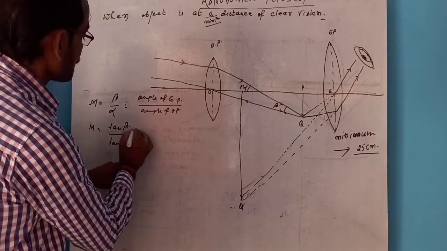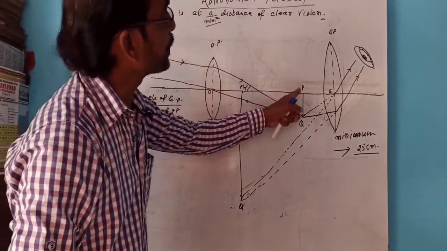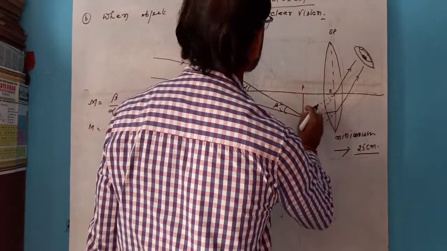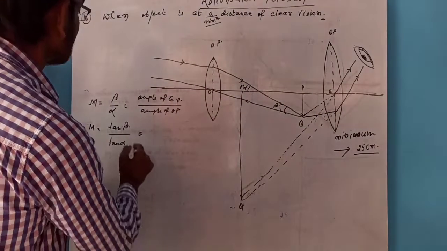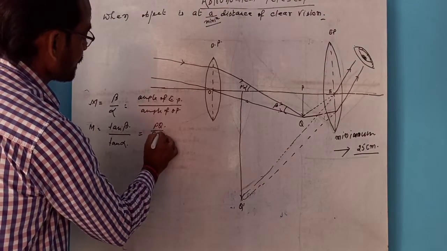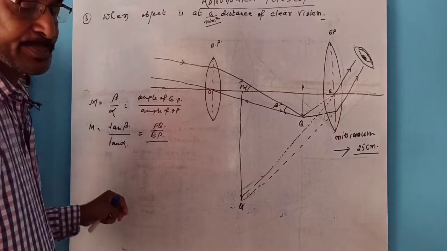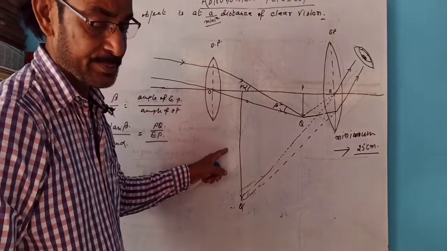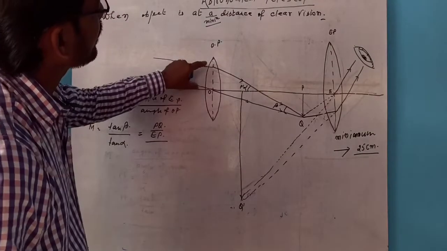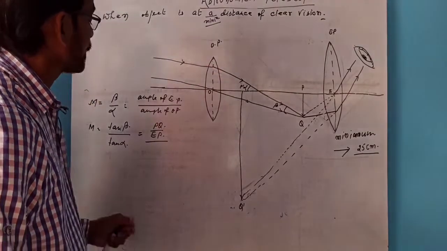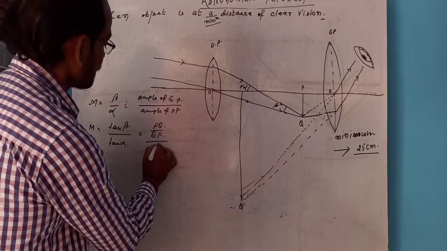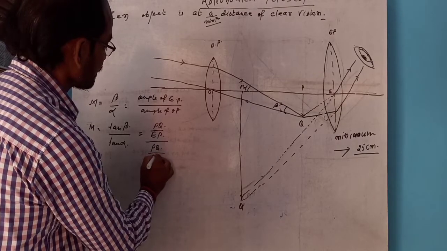That is also written as PQ by EP. This is a right angle triangle, so it is written as PQ by EP upon, for the other angle, PQ upon OP.